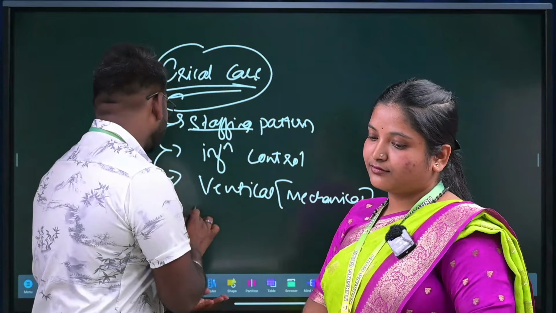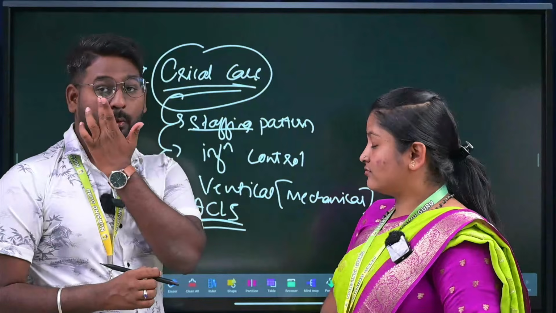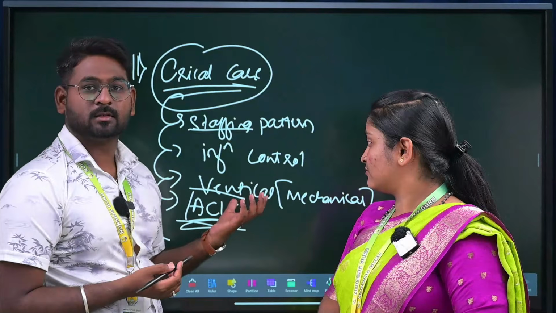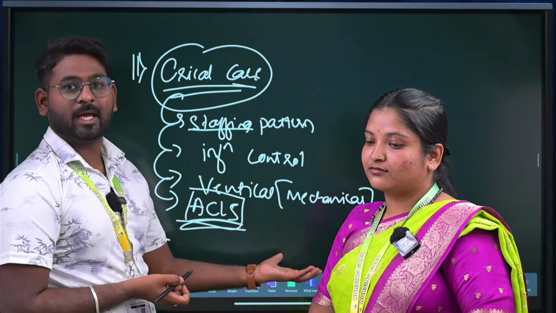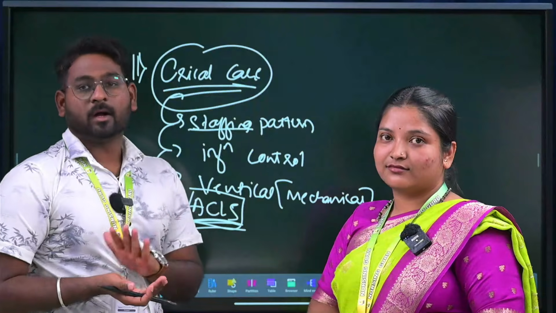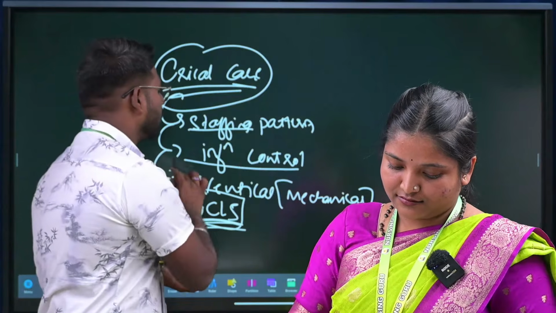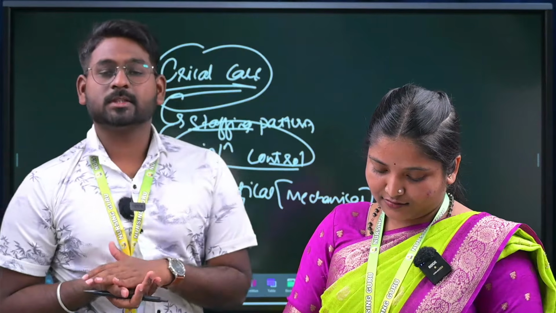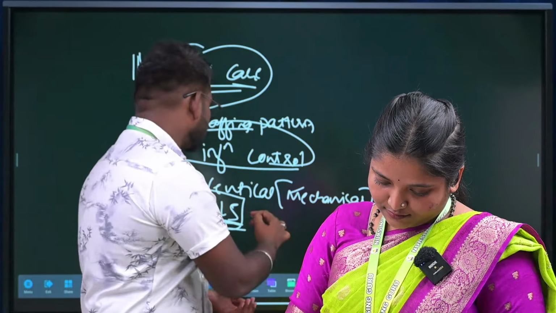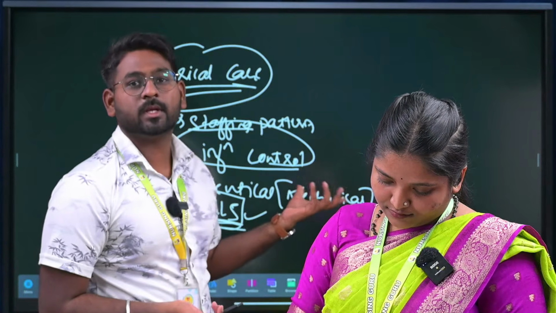And apart from this, the ACLS guidelines, that is advanced cardiac life support, are also very important. So the staffing pattern of the ICU, infection control, how we need to control infections in the ICU, the mechanical ventilation and the ACLS guidelines are all very important.